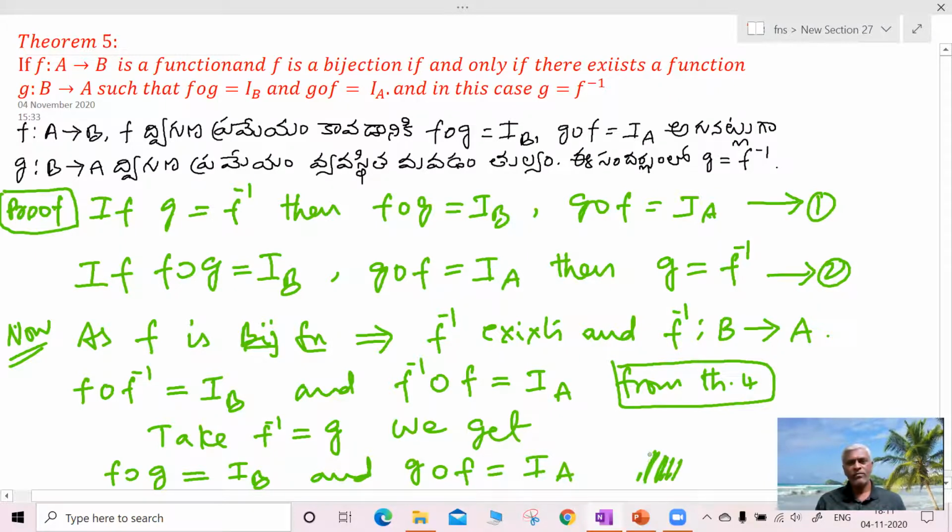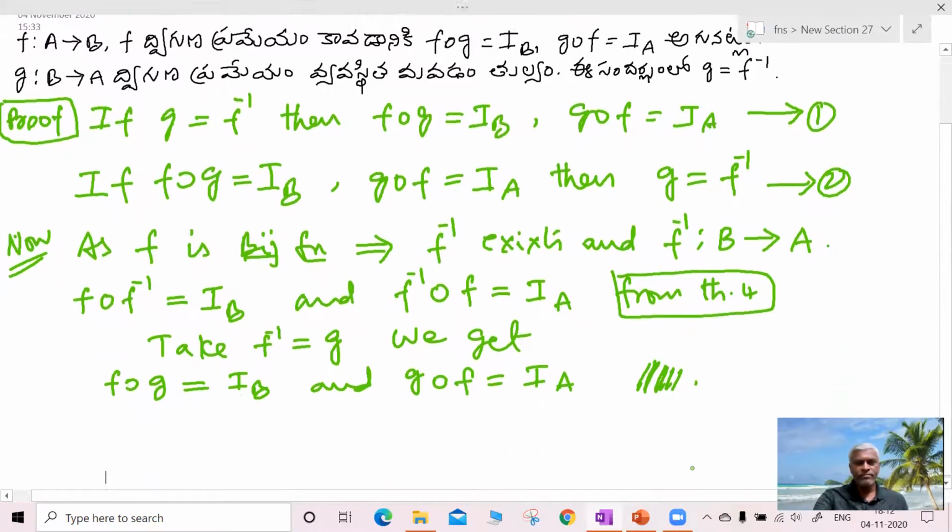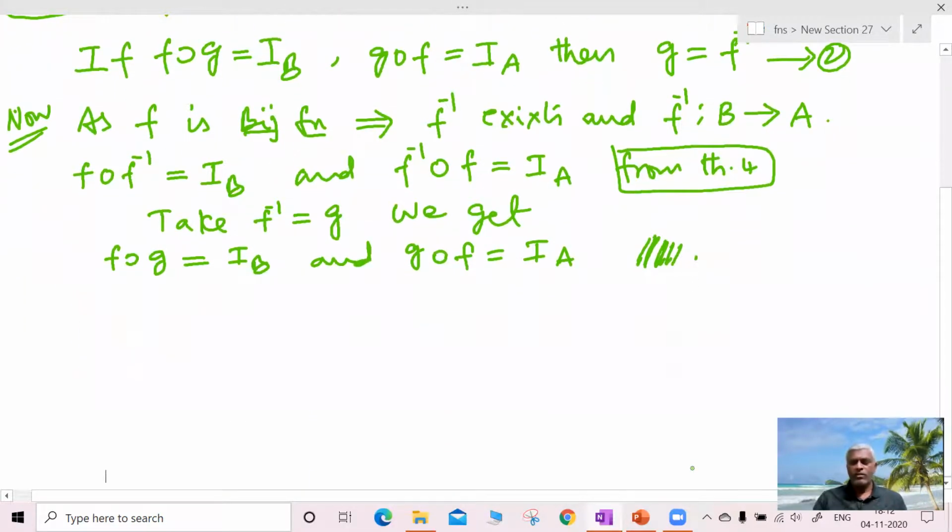So this is the proof of the first part. For theorem 4, you have to prove the entire theorem 4 in this, and after proving theorem 4, you just replace f inverse with g. So this gives the proof of part 1.